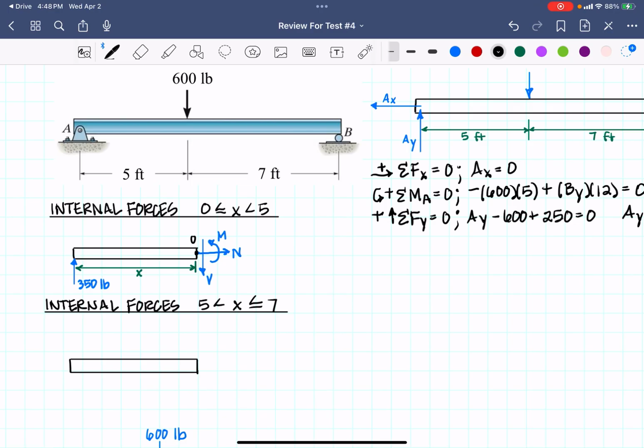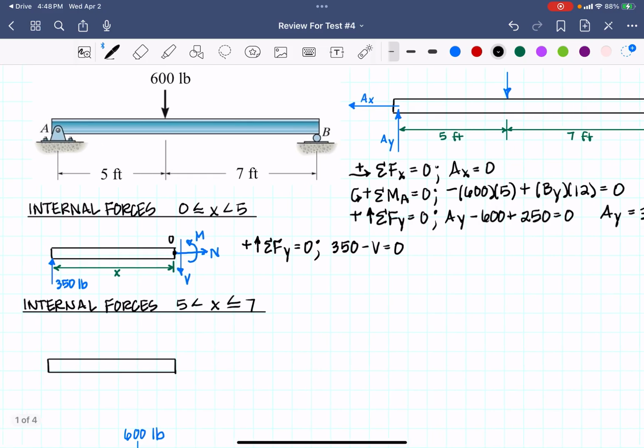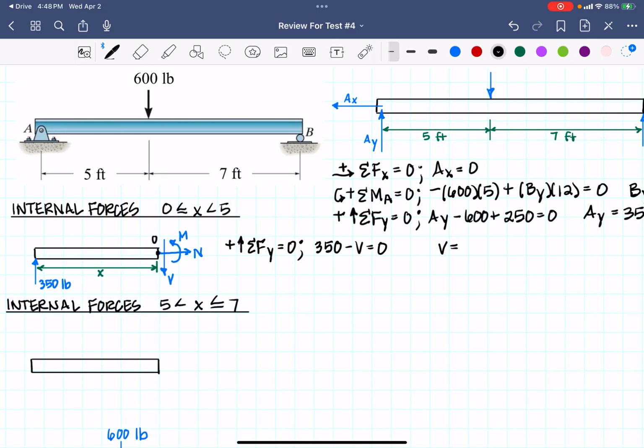I'm going to sum the forces in the y direction first, because that's the easiest thing to do. And in the y direction, I only have the 350 pounds and the negative v. So from 0 to 5, v is going to equal 350. Now I need to look at the moments, so let's sum the moment about point O. And so I'm going to have that positive moment.